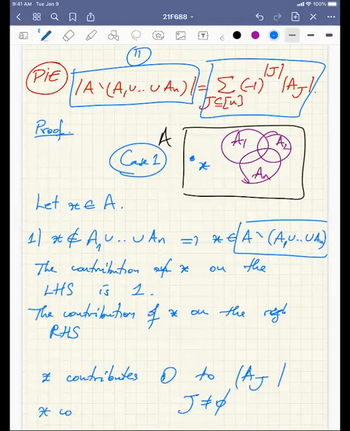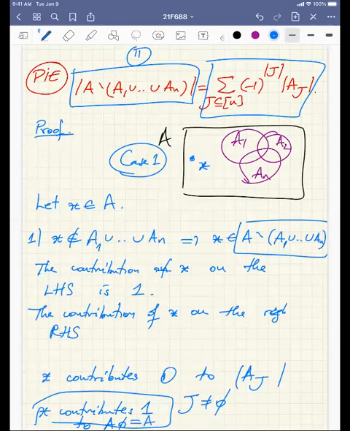But x contributes 1 to A empty set, because x is contained in A empty set, which is A. So therefore, its contribution to the right-hand side is also 1.